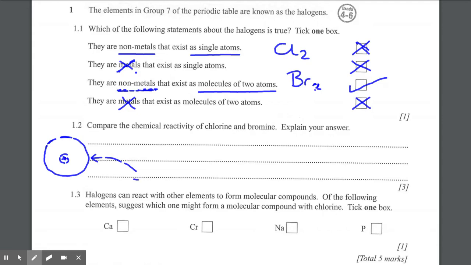So the electron is going to be accepted into the outer shell of the atom to create the ion. The strength at which that happens is determined by the strength of the nuclear attraction between the protons in the nucleus and the outer electron energy level that that electron is going to go into.